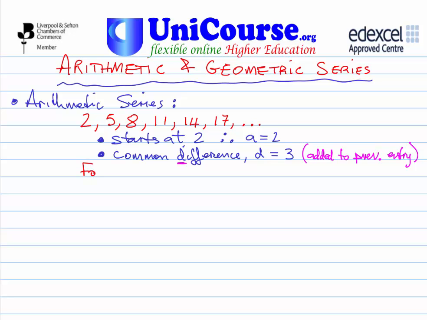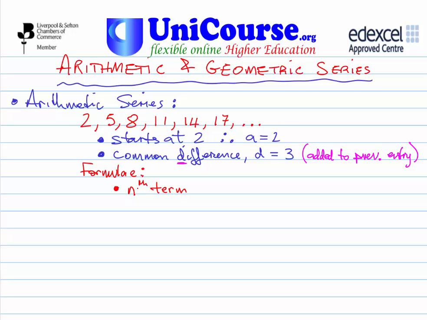Okay, let's have a look at some formulae involved in arithmetic series. The first one I'd like to look at is a formula to find the nth term. So if you're thinking of the third term, n would be 3. If you're thinking of the sixth term, n would be 6. Get the idea?